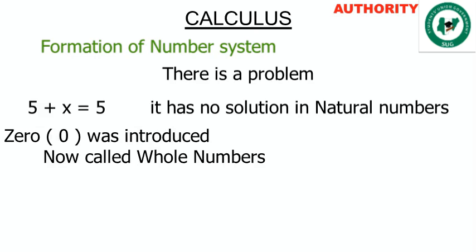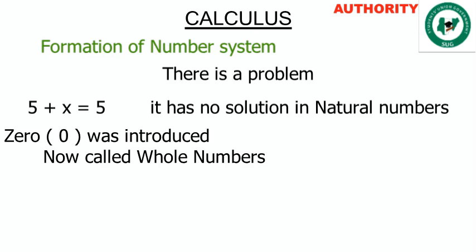As 0 is introduced, it is now called whole numbers. That is, 0 is now introduced to the natural numbers, so you now have 0, 1, 2, 3, 4 upwards. Now let's see the definition.